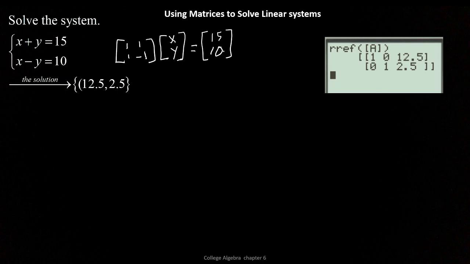We're going to call this matrix on the left A. I'm going to call this matrix with x y in it capital X. I'm going to call this capital B. So really what we have is AX equals B.